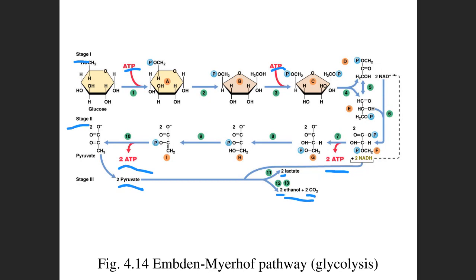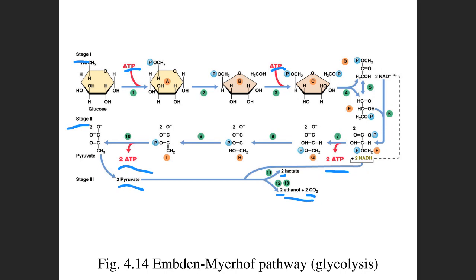So the numbers are very important because the way you think about this is you keep track of the carbon. Glucose is a 6-carbon molecule, right? And this carbon has to go somewhere; it wouldn't disappear. Pyruvate is a 3-carbon molecule, so now the total is 6.